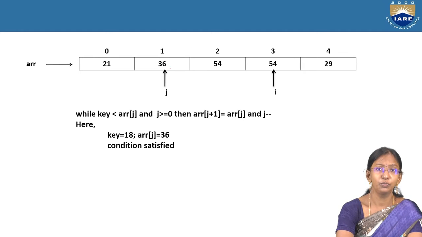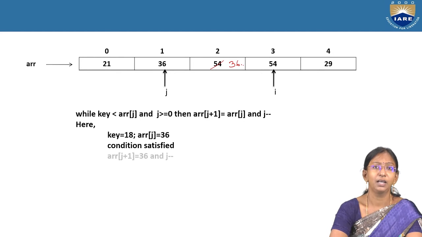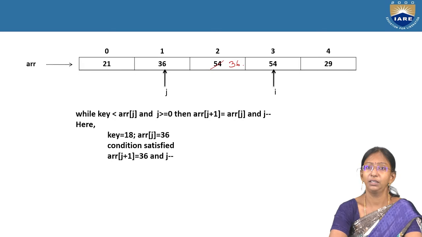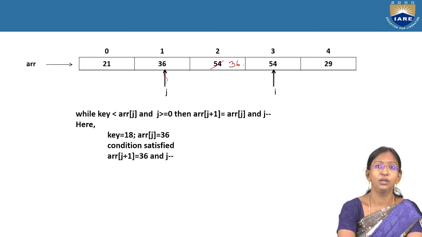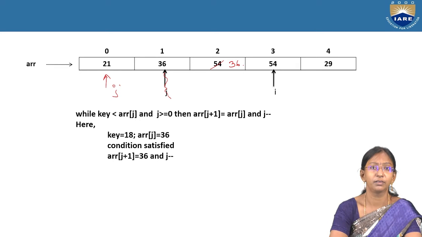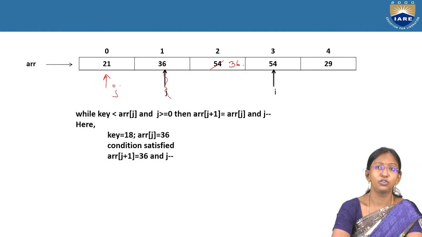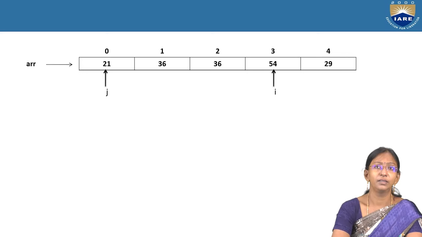In the jth position we have 36 and in the j plus 1th we have 54. I'm going to overwrite it with 36 and further decrement j. So j will be pointing to index value 0 now.